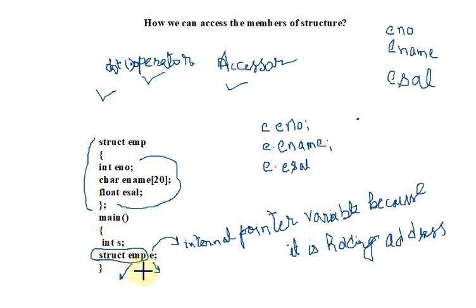Okay, how can we elaborate it? I am writing a simple example to know the size of the structure. So here you can understand very easily the difference between the struct emp and this e. I am just writing a simple example for the size of our structure.